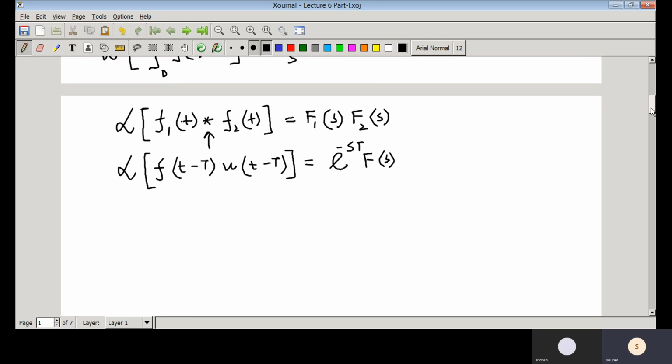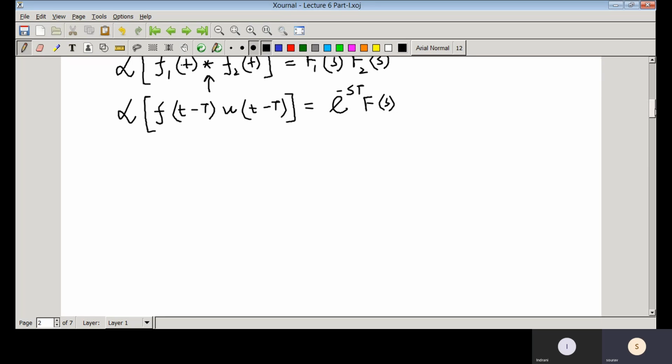And then one important theorem I am going to discuss is the initial value theorem. Again, you have studied it in the signals and networks course.